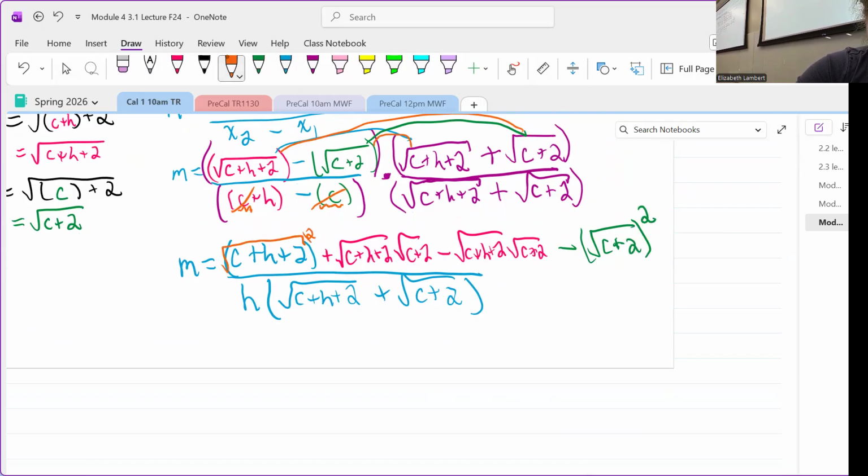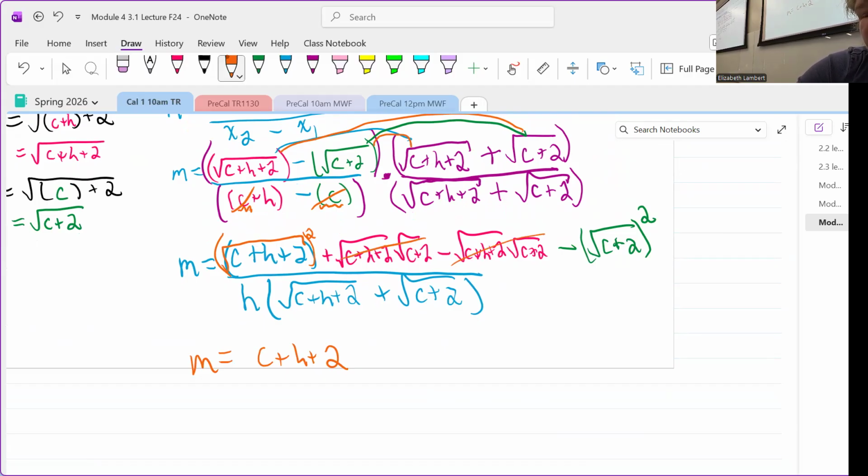So technically this one here too is also a square root squared. So we can see on that first one, the square root and squared are going to cancel out. So we're just going to have the c plus h plus 2. Those two pink terms are the same two square roots. One's positive, one's negative, so they are completely gone.